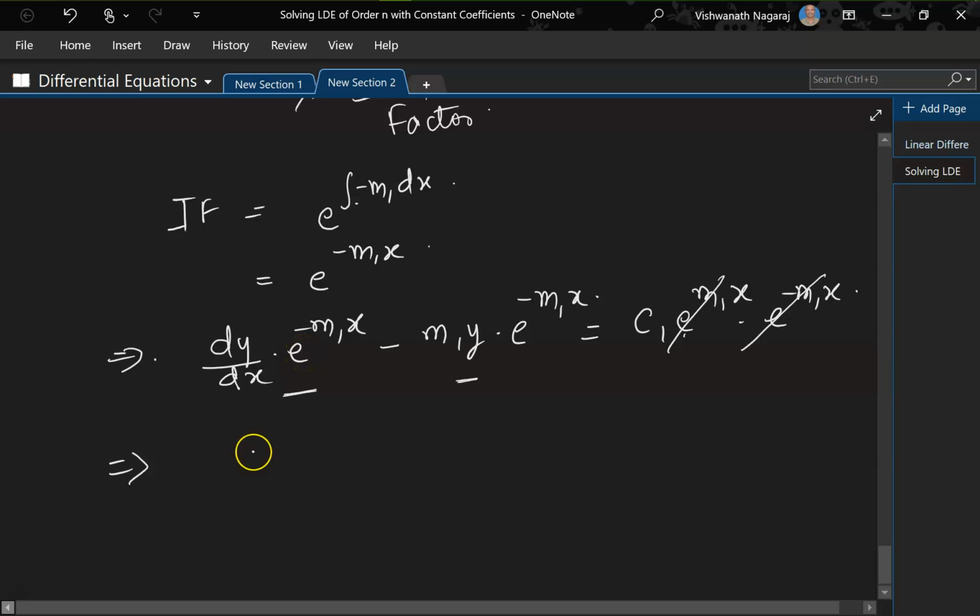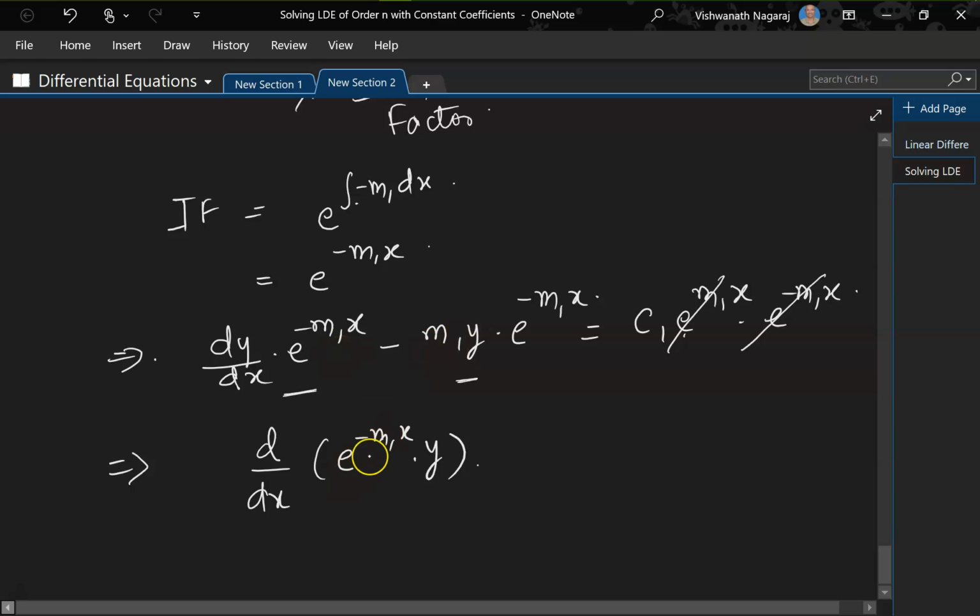So which means we can write this as d by dx of e to the power of minus m1x times y. So basically look at this as a reverse of the product rule. We have applied the product rule on the product of this.